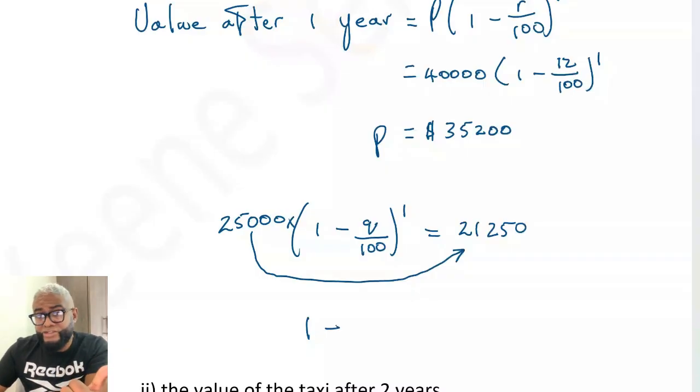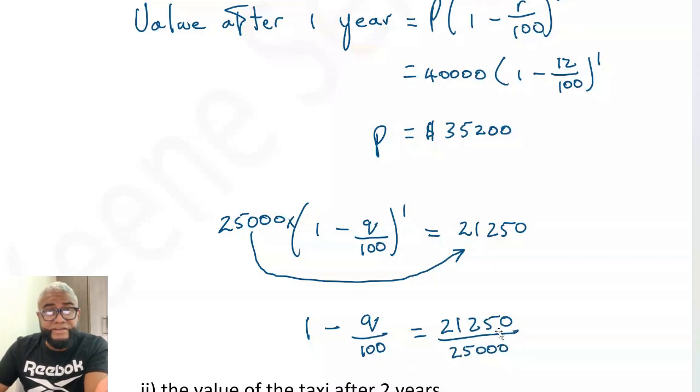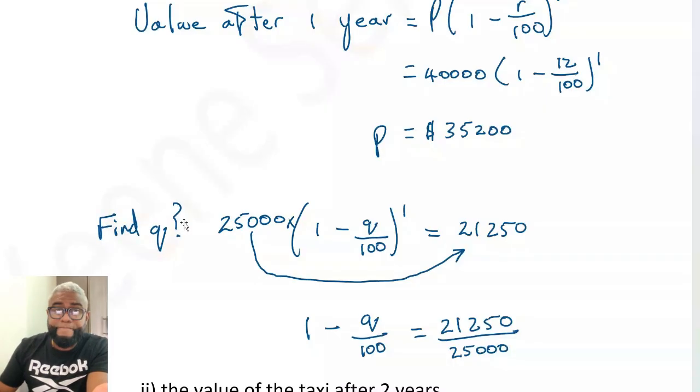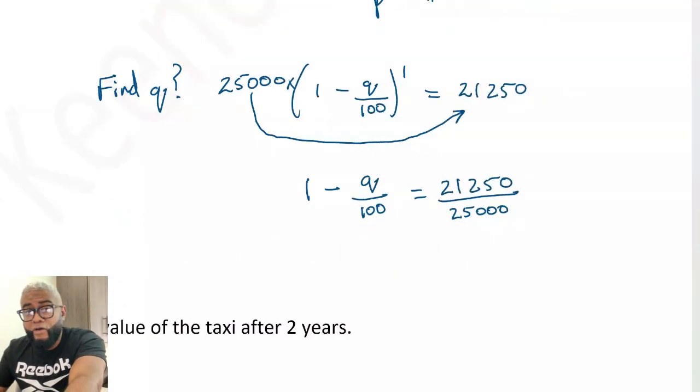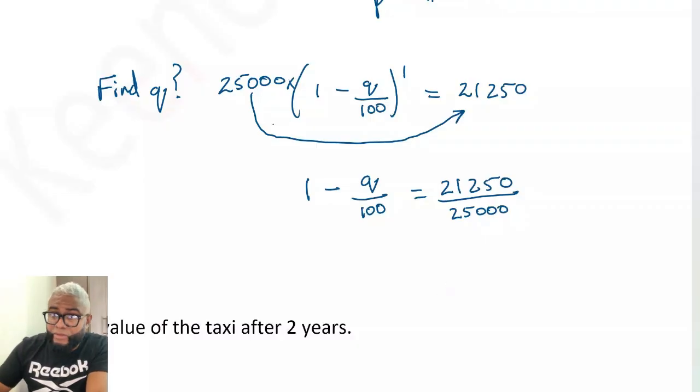So it'll be 1 minus Q over 100 is equal to 21,250 divided by 25,000. That's the first step. This is algebra. We have to find Q, so I formed an equation in order to find Q.